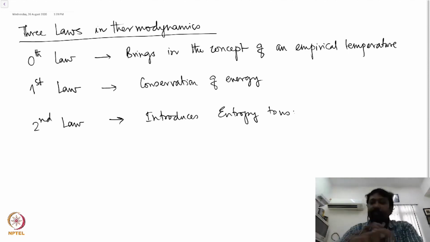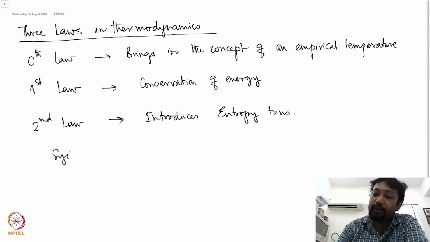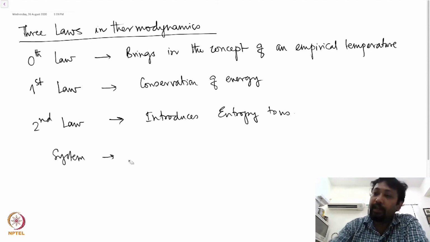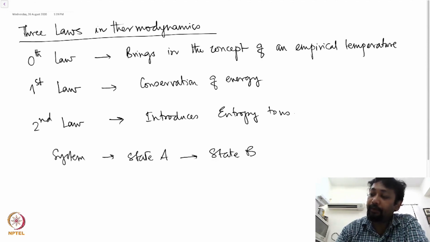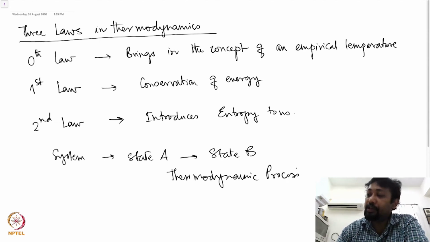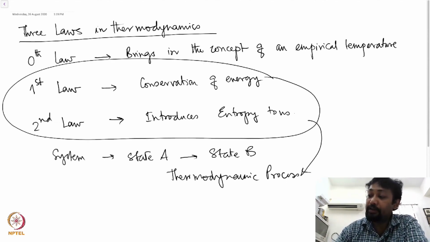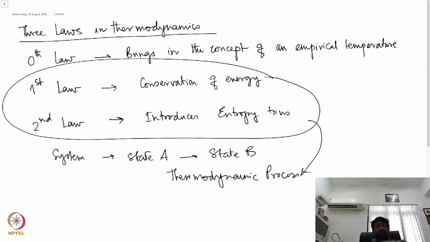Therefore, if you take a system from state A to state B, you have done a thermodynamic process. And thermodynamic processes are usually guided by the first law and the second law. This must dictate what kind of processes they are.